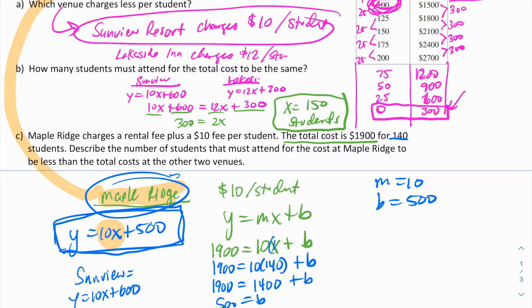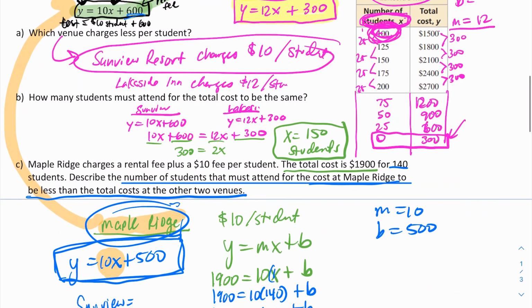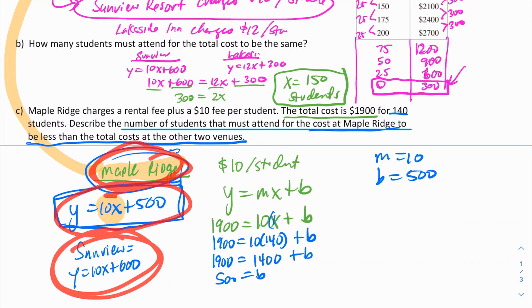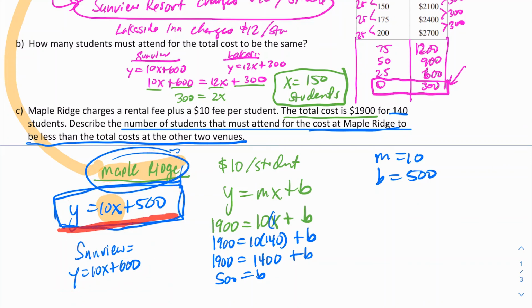However, it says describe the number of students that must attend for the cost at Maple Ridge to be less than the other two. Well, Maple Ridge is already less than Sunview. You don't have to do anything there. Okay, this one is already less than this one just by their formulas. This one's $10 a student plus 500, and this one's $10 a student plus 600.